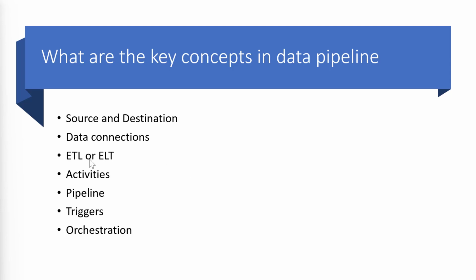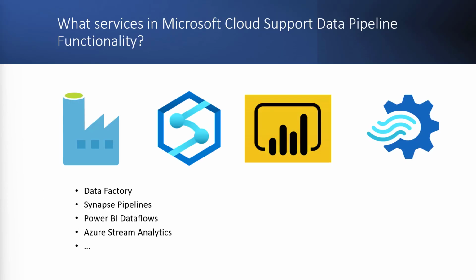Orchestration is the entire process, which allows the automation of data-driven process from end to end. There are many services on Azure or Microsoft Cloud that support data pipeline functionality. We selected 4 of them today to show you different functionality it supports.